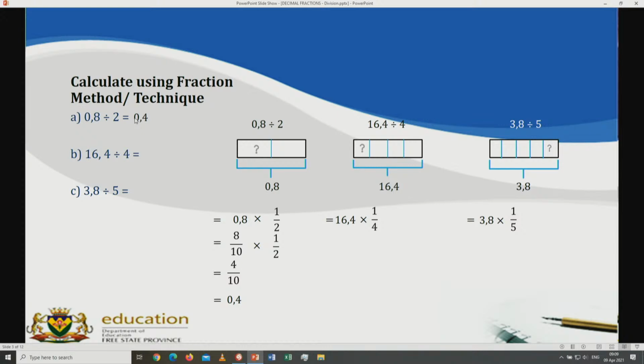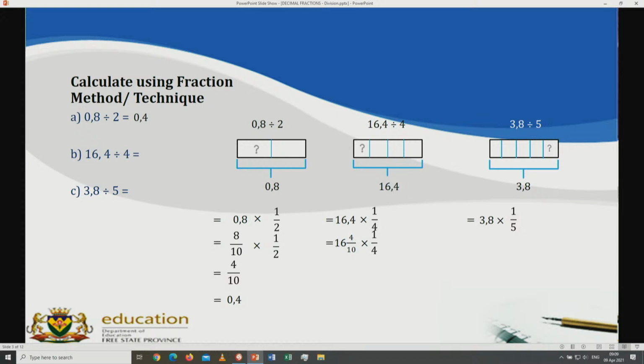Now let us go to 16,4 multiplied by 1/4. What do we get there? Again, 16,4, remember, as a fraction, we are going to get the mixed number. It's going to be 16 and 4/10. We are multiplying it by 1/4.